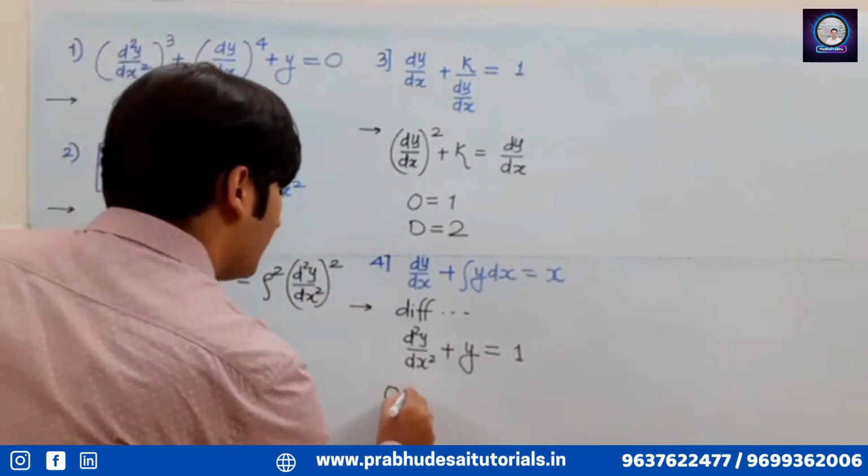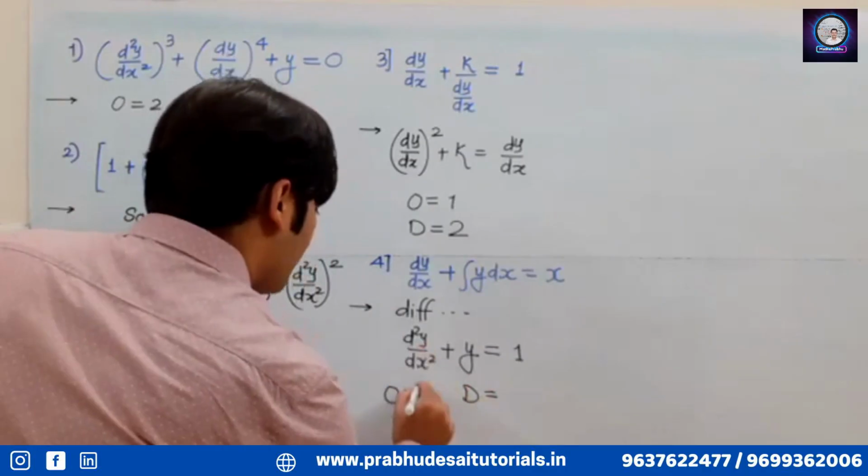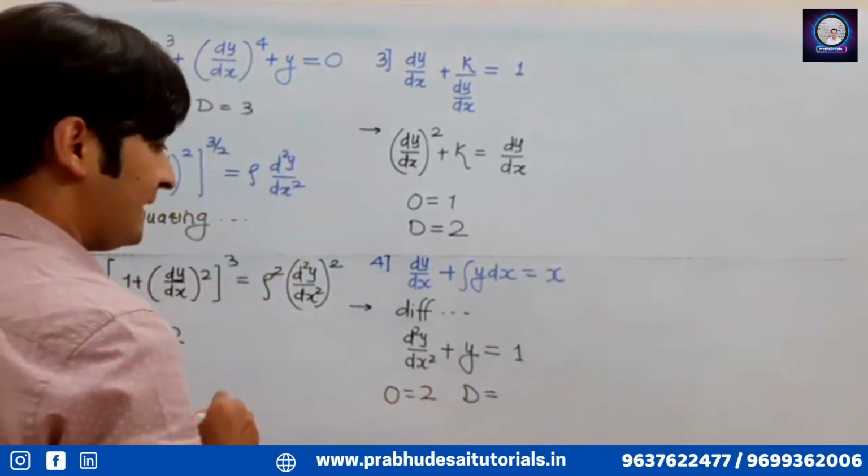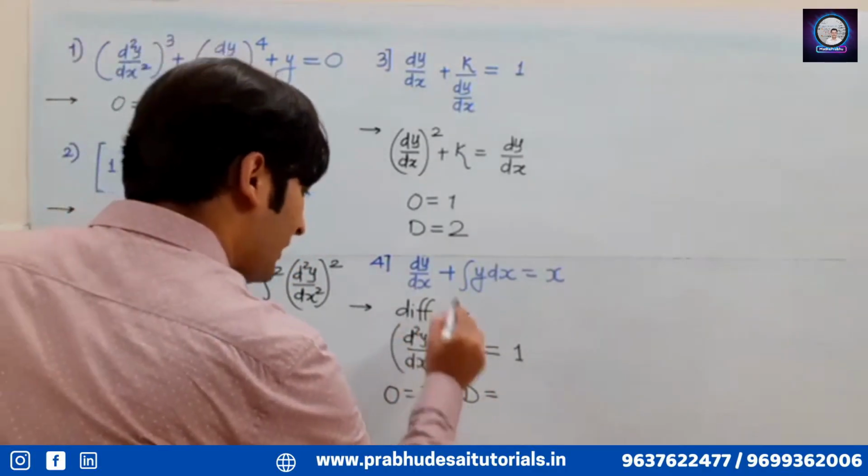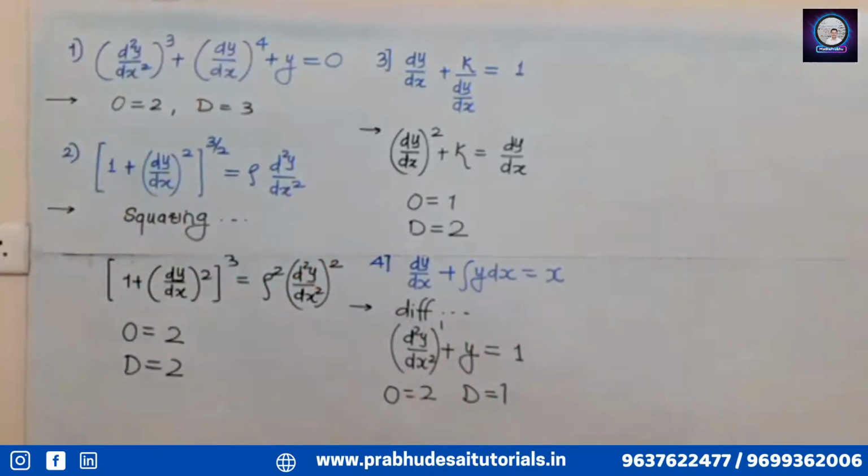Why? Because I'm differentiating both sides. The order is 2, and its power is 1, therefore the degree is 1. Everybody understood this fourth one? Let us move to the next example then.